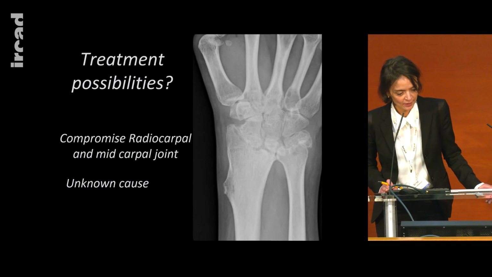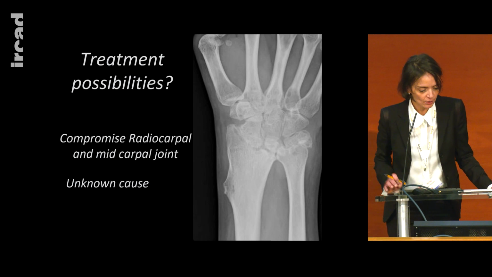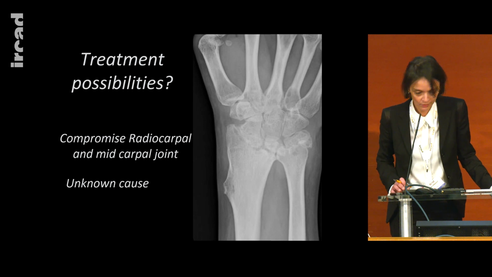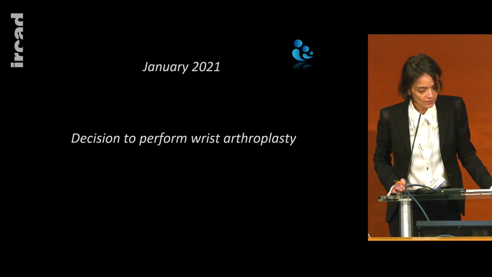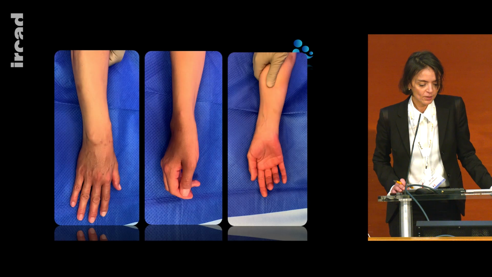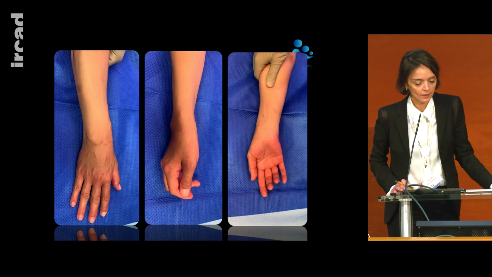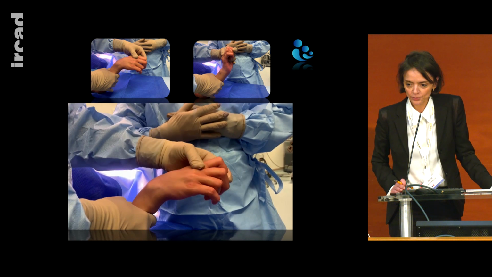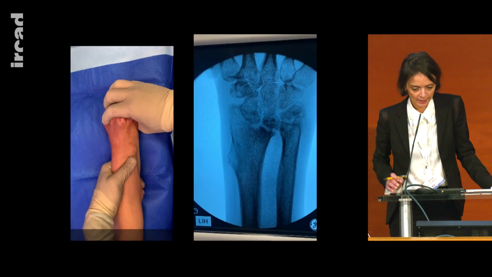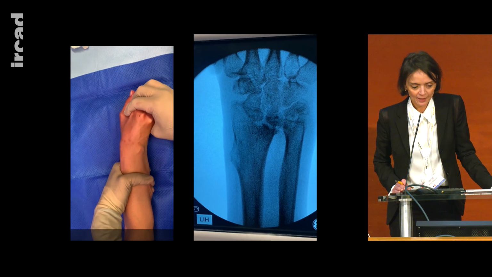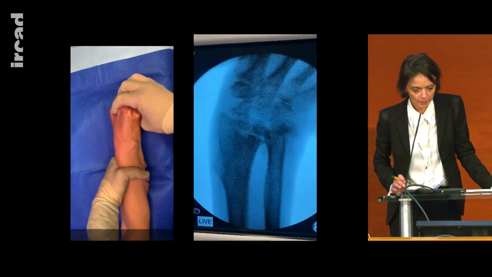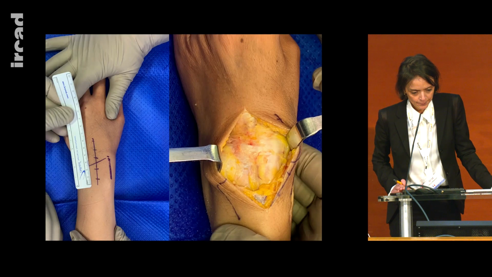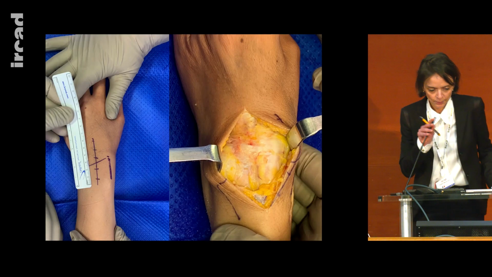Now the option: compromised radiocarpal and midcarpal joints, unknown cause, maybe what you said. So the decision was to perform wrist arthroplasty by Dr. Jorquera. Here is the pre-op aspect, range of motion in pre-op, very bad in extension. Here is the intraoperative view, dynamic fluoroscopy, and the intraoperative view.